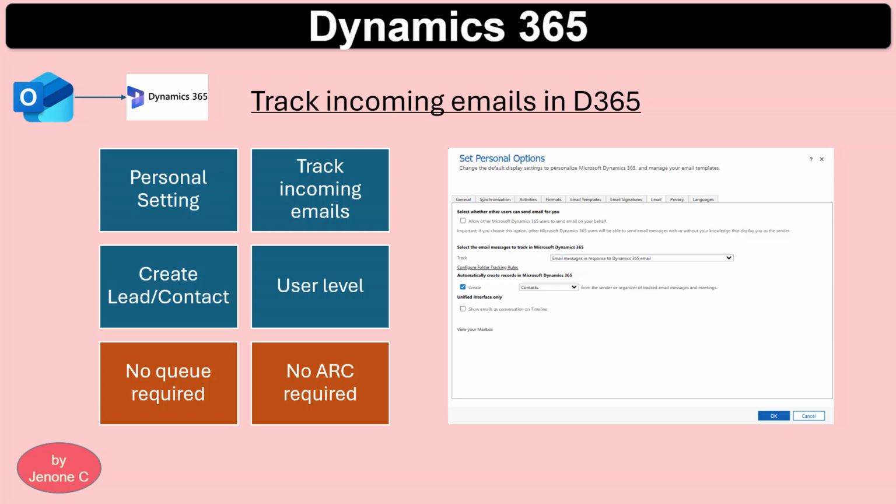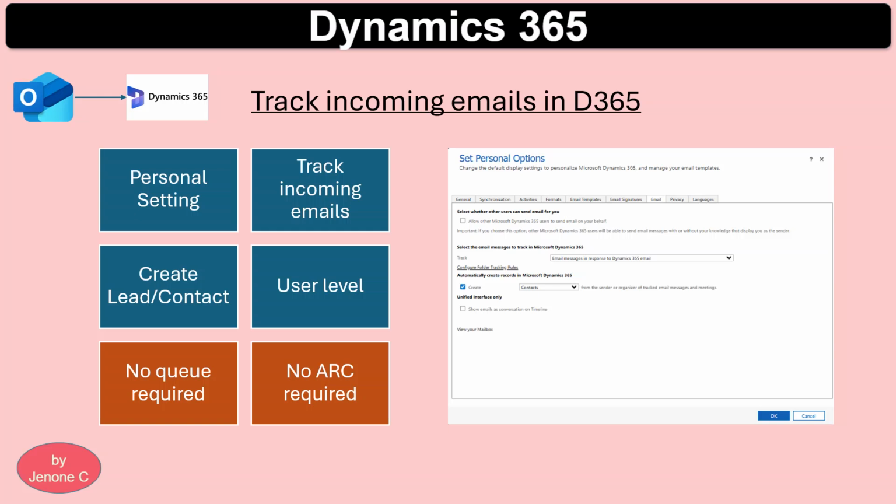In this, we are going to see how to track incoming emails into Dynamics 365. This tracking can be enabled from users' personal setting. From there, a user can just enable the track feature so that the user can track different types of emails into Dynamics 365.